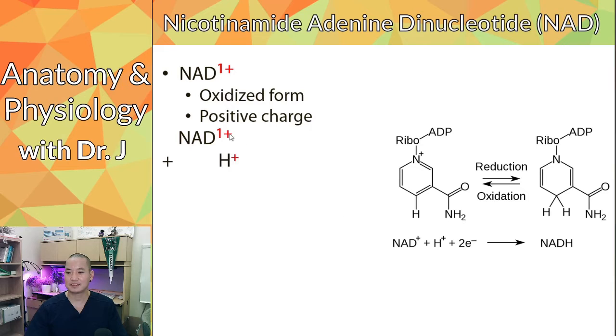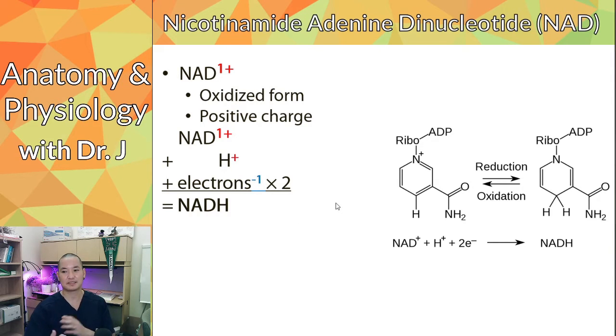It also incorporates a proton into its chemical structure, and you also add 2 electrons. These electrons and the proton help to form new bonds as well. So when you reduce NAD plus, you gain 2 electrons, and you also incorporate a proton.